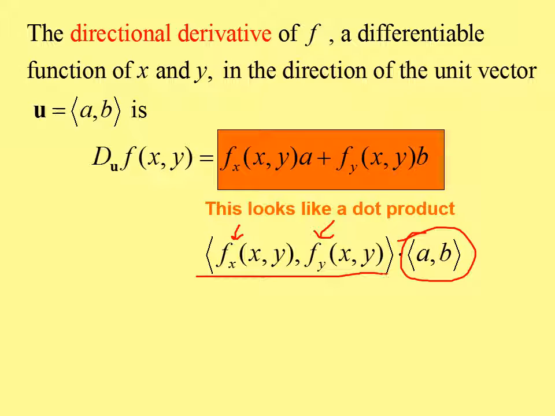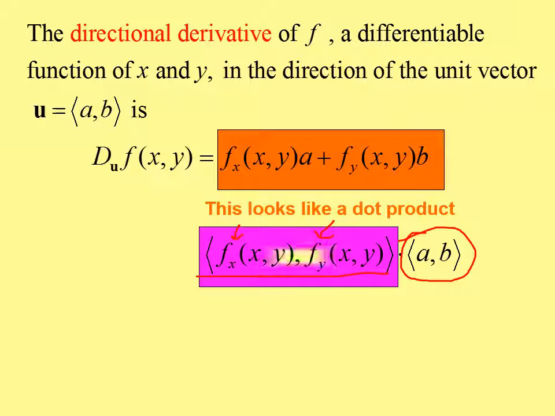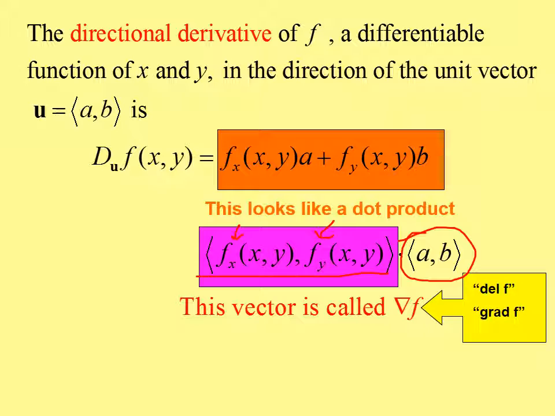Now this vector has a special name, and that's called the gradient vector. The little upside down triangle is read grad or del of f. And again, that simply means the gradient. So here is a shorter, easier to remember working definition of directional derivative.